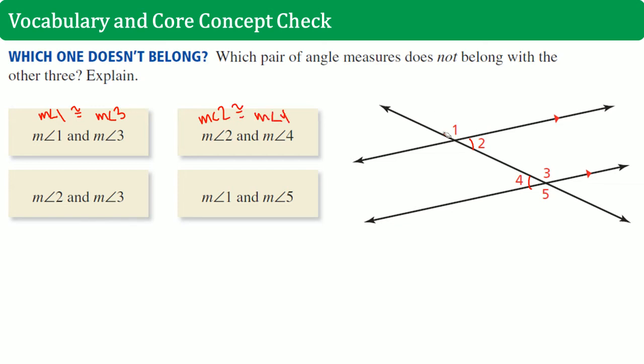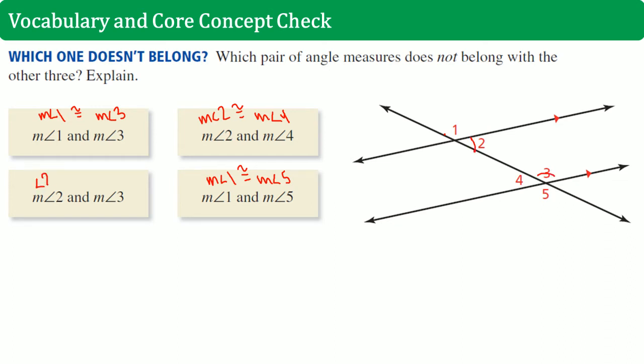Then we have angle 1 and angle 5. Angle 1 and angle 5, those are alternate exterior angles. Angle 1 is congruent to angle 5 because they're alternate exterior angles. Then lastly, we have angle 2 and angle 3. Angle 2 and angle 3, those are consecutive interior angles.